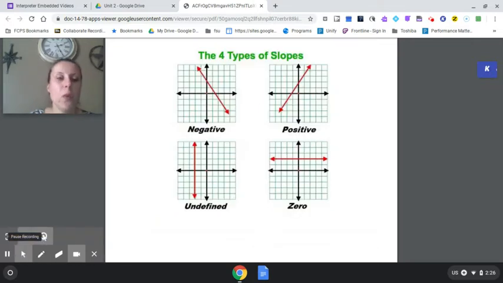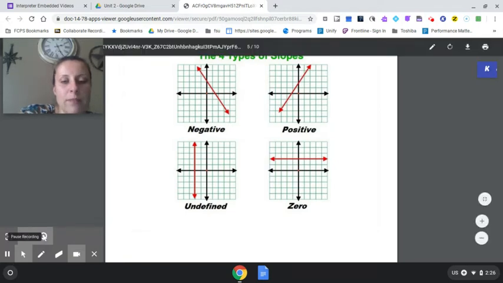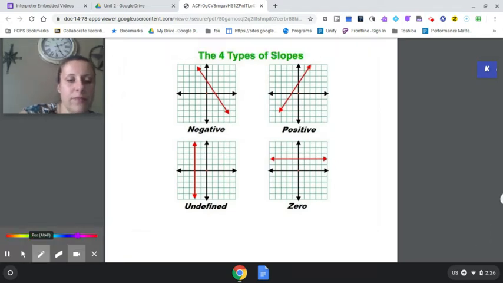Okay, so far we've seen that we can have both positive and negative slopes, but we can also have undefined slopes or slopes that are 0 depending on whether we have a vertical or horizontal line. So let's go ahead and pick 2 points on this vertical line. I'm going to pick negative 2, 1 and negative 2, 3.